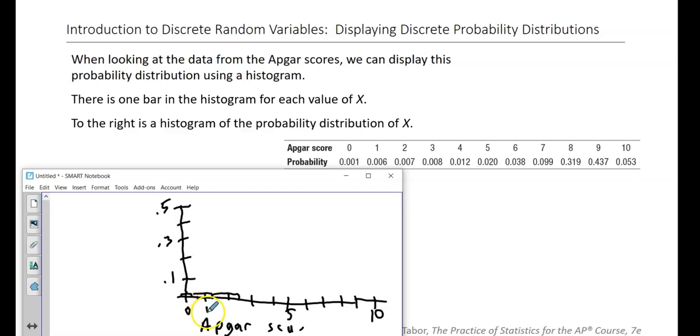That's for 1 and 2. 3 would be, again, so small, not even 1%. I'm sorry, it's just really hard to draw. 0.012, again so small for 4. 5 is 0.02, so that's 2%. We're getting a little bit higher, so a little higher than that one.